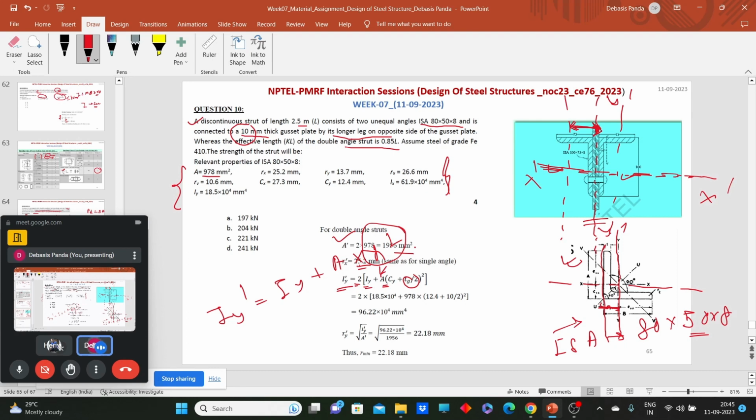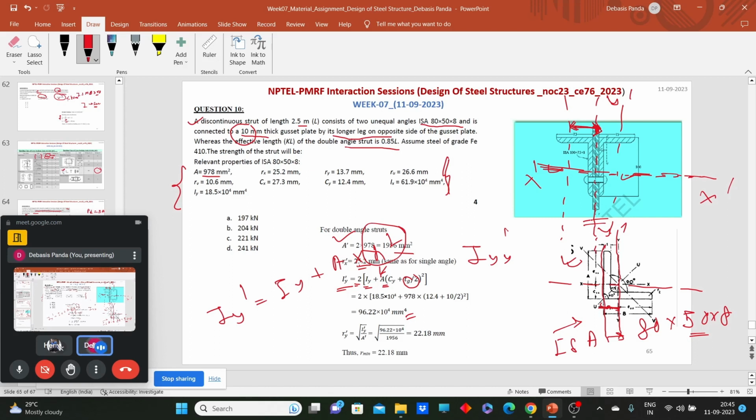If we put all this in the equation, we find that our I y dash of the two angle sections on the opposite side of the gusset comes as 96.22 into 10 to the power 4.